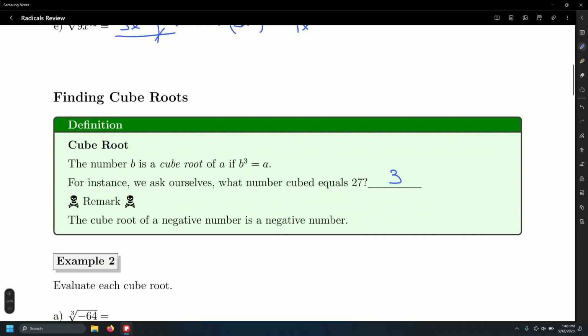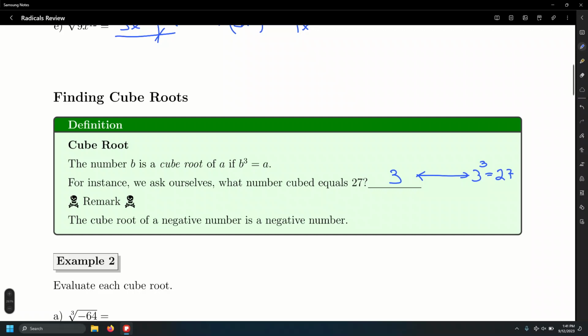All right, that's because 3 cubed equals 27. In the same way we did it with squares, but now we're doing it with cubes. And in this case, in comparison with square roots, we can take the cube root of a negative number, as opposed to the square root of a negative number, which is not a real number.